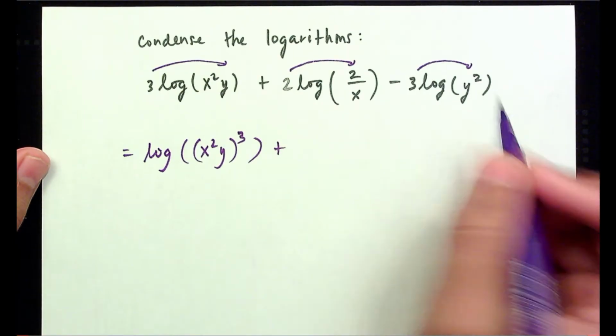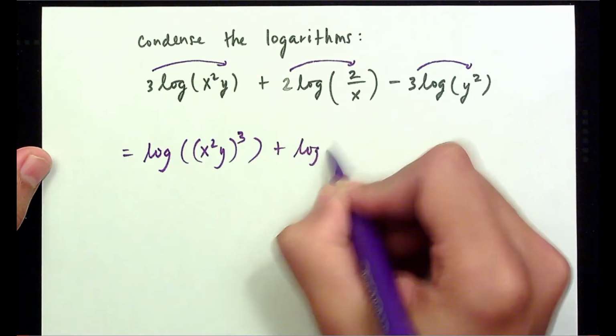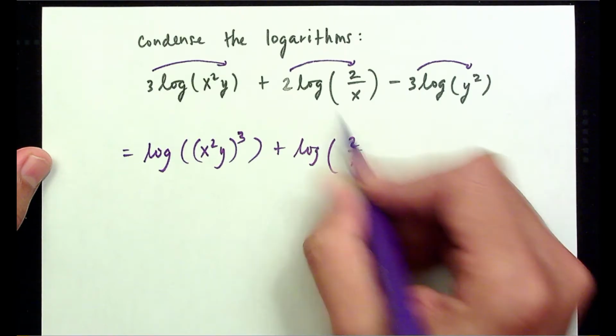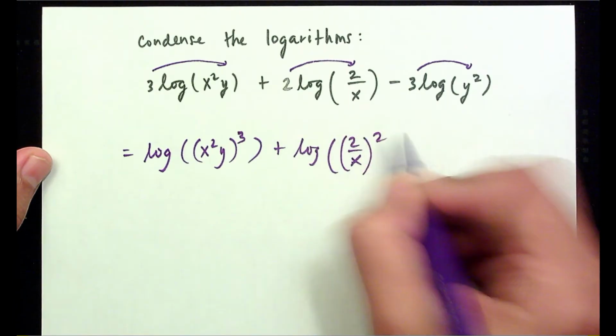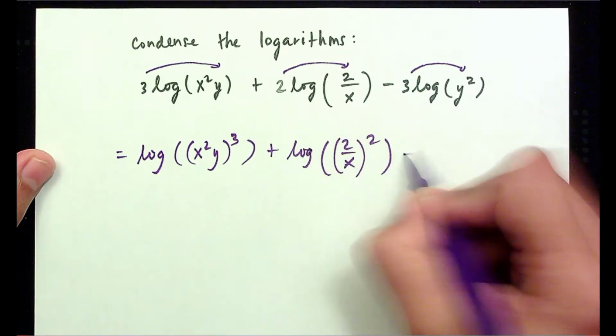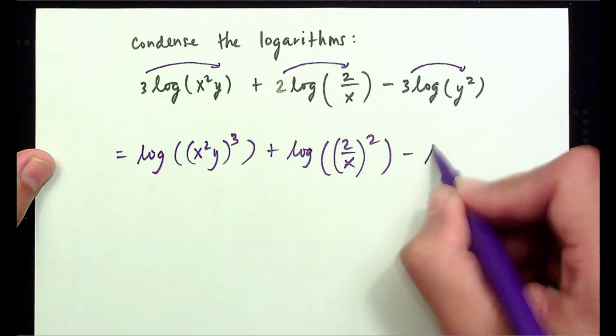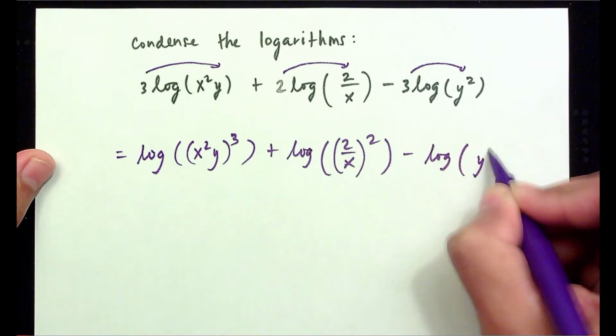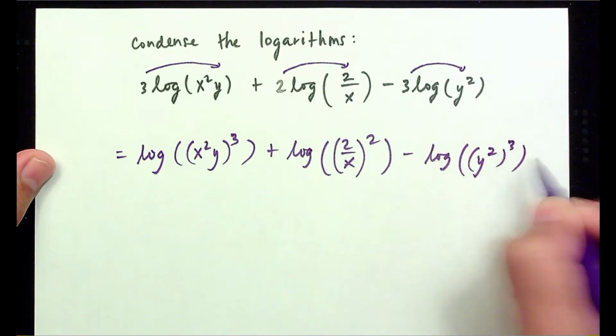Plus, now it is going to be logarithm of 2 over x. These 2 goes inside as an exponent, so squared. And lastly, the 3 goes inside as an exponent, so this would be y squared cubed.